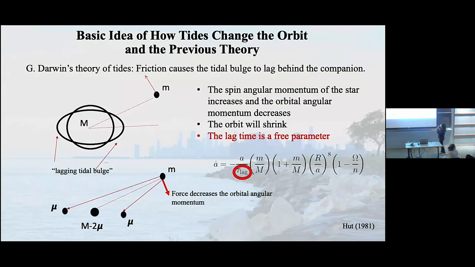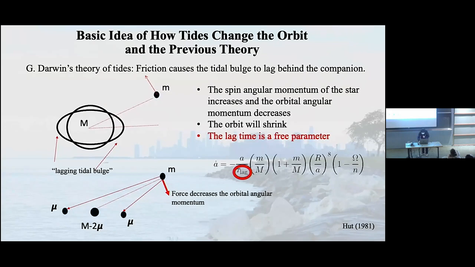Traditional theory of tides treats the lag time as a free parameter, calibrated by observation, and sometimes treats this lag time as a constant during the evolution. We don't do that. We are trying to calculate this term case by case. I'll talk more in detail in the following talks.